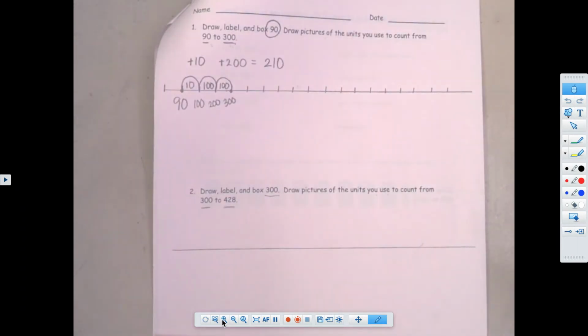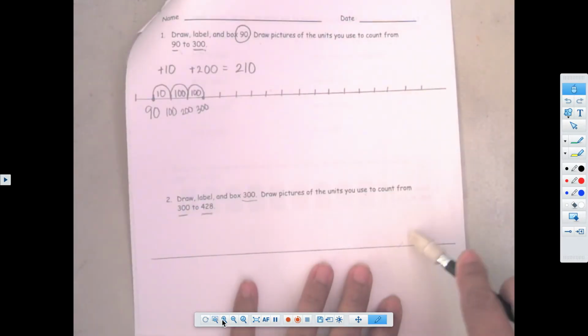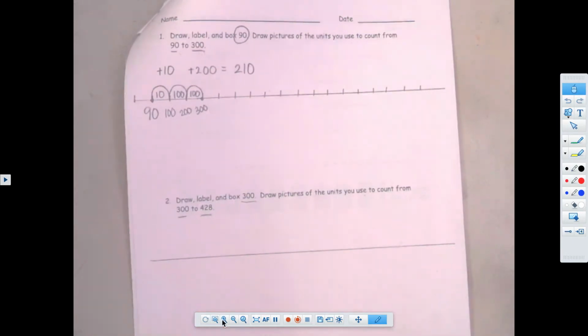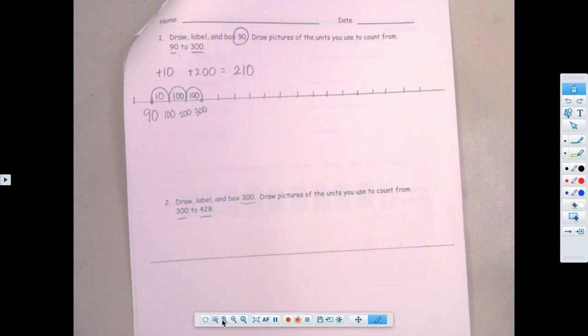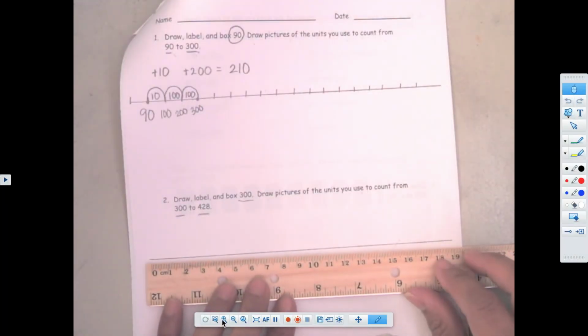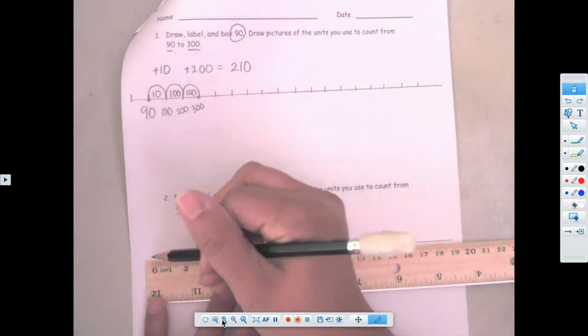I'm going to walk around and make sure that everyone has this nice long line. And if you're thinking, how long is it, Ms. Gonzalez? It's about maybe 18 centimeters. Sure. It could be 19. It could be bigger and longer. Okay. And then I'm going to get my centimeters. And let's do 18. So let's go 0.